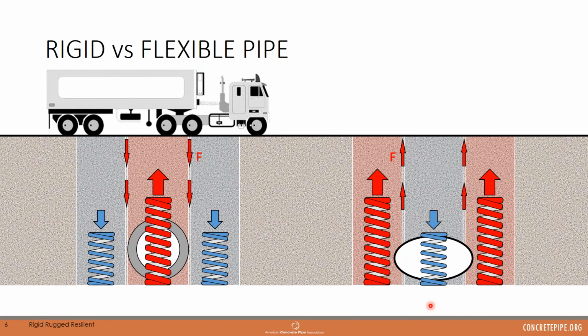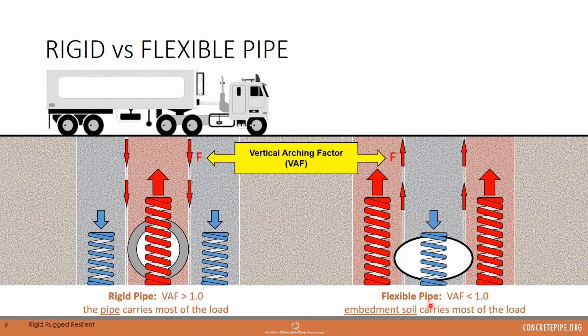And this friction force is what's called the vertical arching factor. So in the case of a rigid pipe on the right-hand side, the vertical arching factor has a value greater than 1, which is a mathematical way of saying it's not only carrying the soil above it, but it's also carrying some of the soil from either side of it.